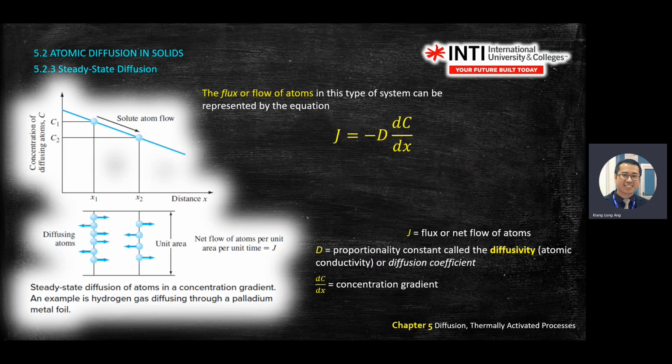On the screen, you are seeing a linear line, which gives you y equals mx plus c. When you want to find the gradient, you take delta Y divided by delta X. In this case, your delta Y is the concentration and your X is the distance X here, right?